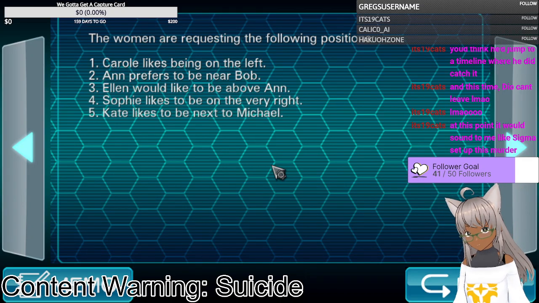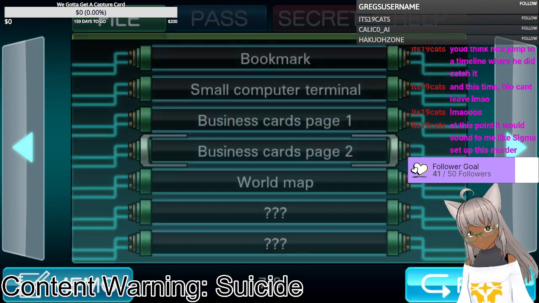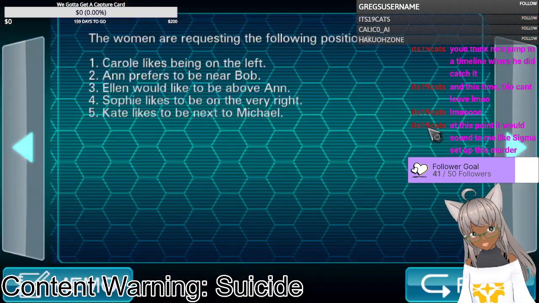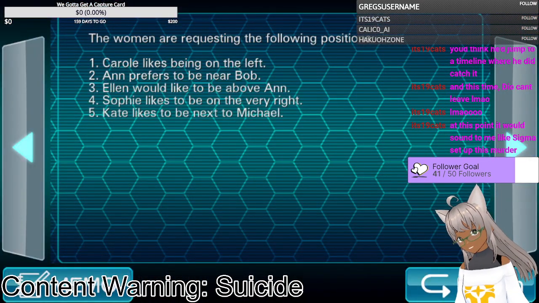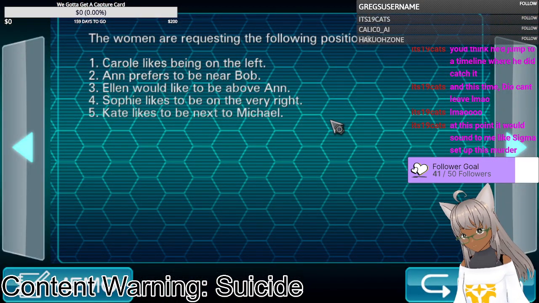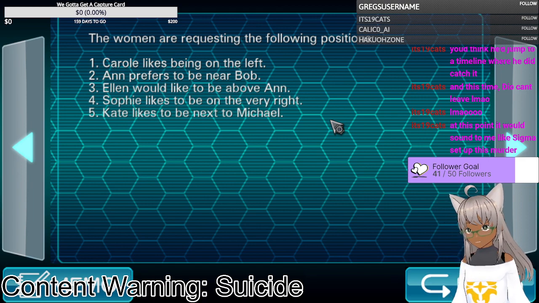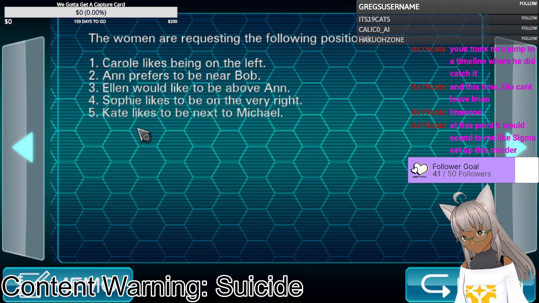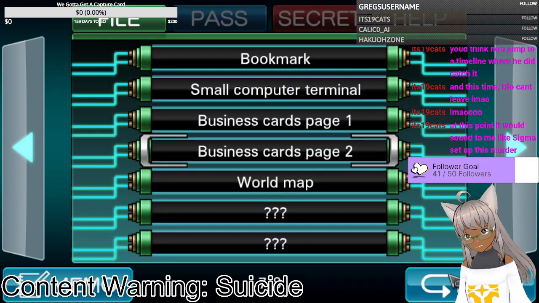Okay. Sophie likes to be on the very right. We've done that. Carol likes being on the left. Carol is on the left. Ellen would like to be above Anne. Done. Kate likes to be next to Michael.